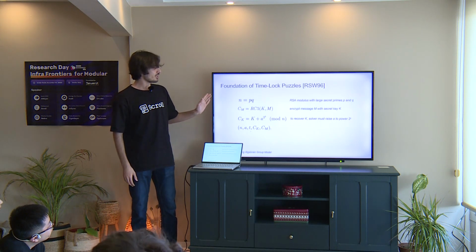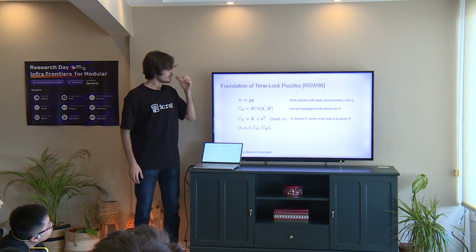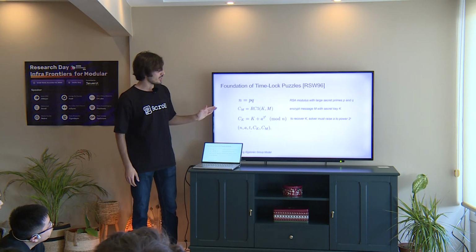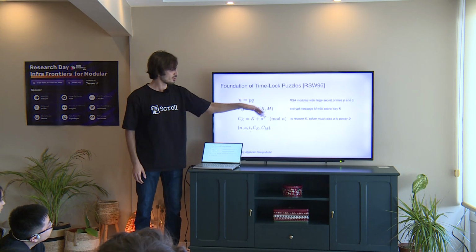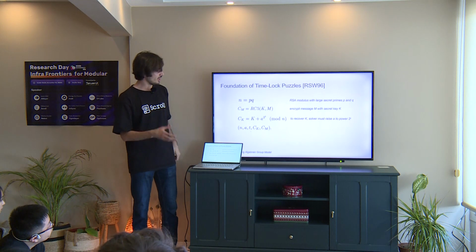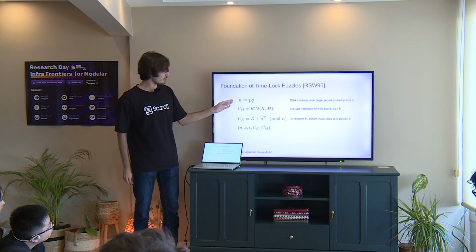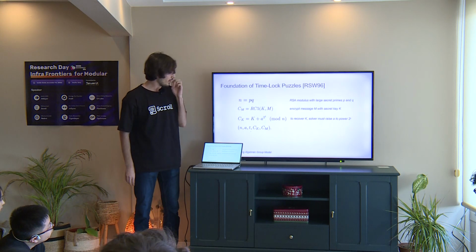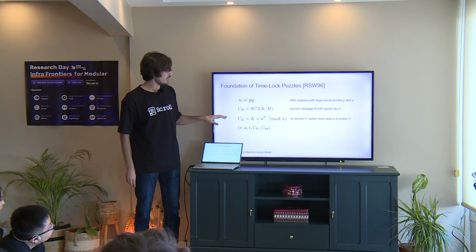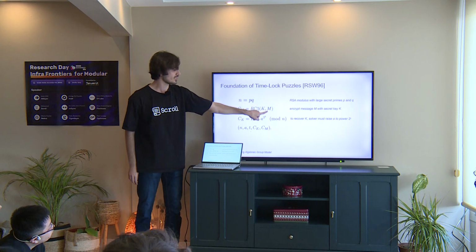So time-lock puzzles were introduced a long time ago, like 20, 30 years ago, and the initial construction was based off an RSA modulus. So it's very easy. Suppose you have an RSA modulus n, which is the multiplication of two big primes p and q. Say you want to put a message M inside the puzzle.